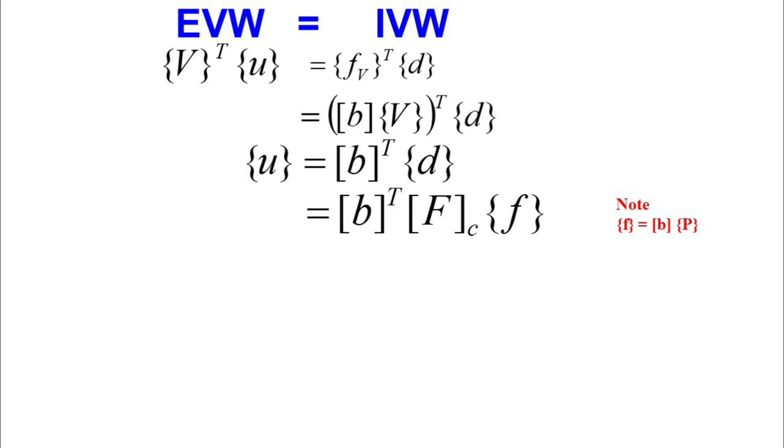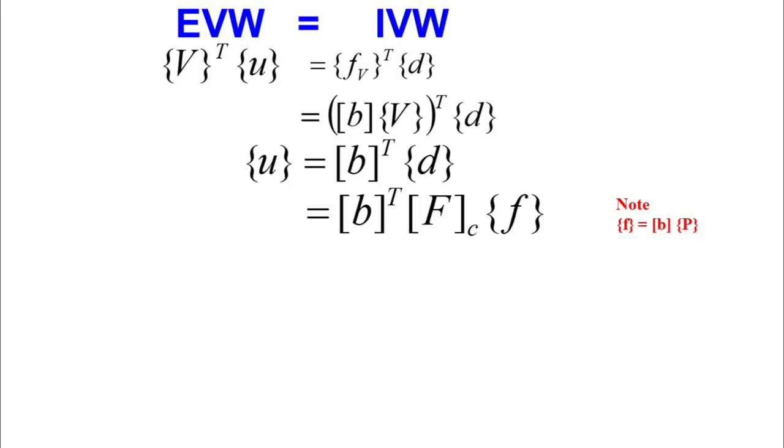By this substitution and by algebraic manipulation, we derive a very simple relationship between the external displacement vector u and the internal displacement vector d, and they are both related by B transpose. So we can say that u is equal to B transpose d. We must note that on the other side, d is equal to B into u. So when we change the positions of u and d, B is replaced by B transpose.